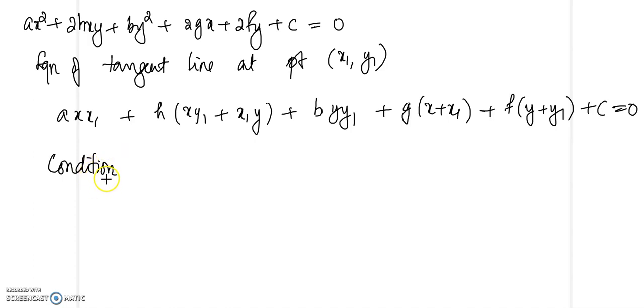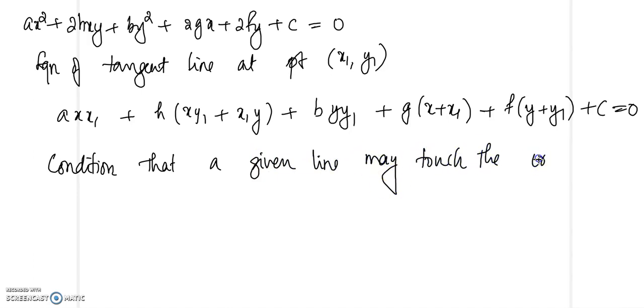So let us take a conic and an arbitrary line, and we will look for the condition that the line will touch the conic. Let us consider the equation of the conic. This is the standard equation of a conic, and let us take the general form of a line.